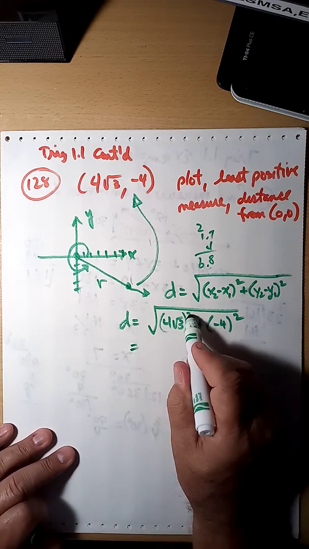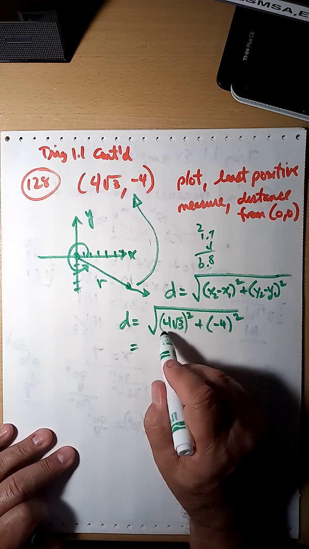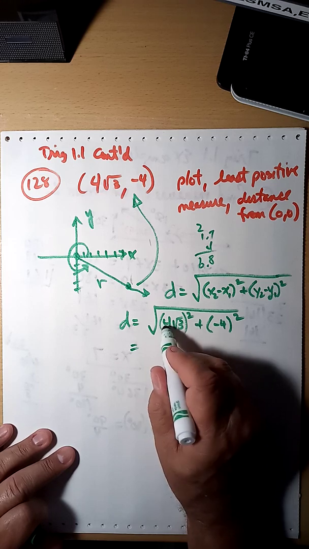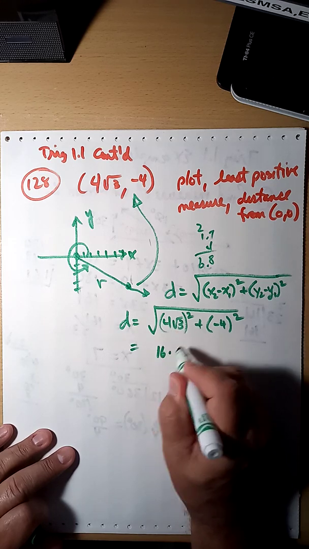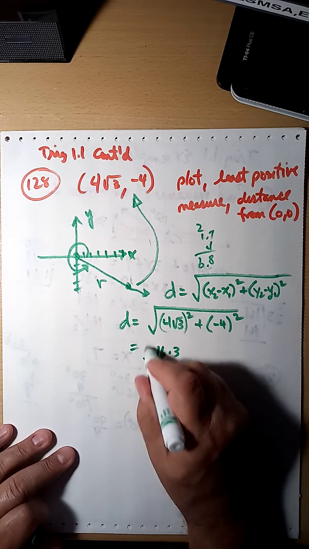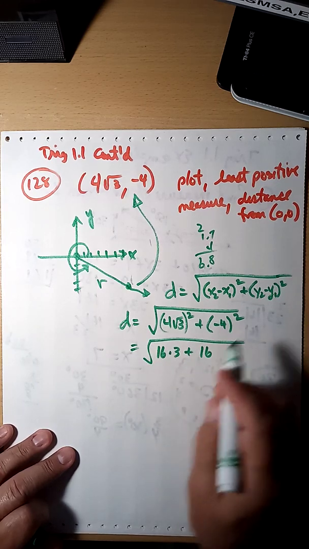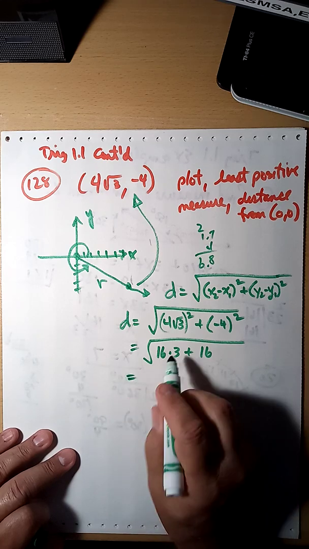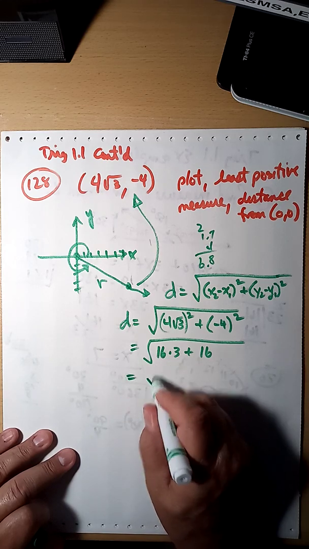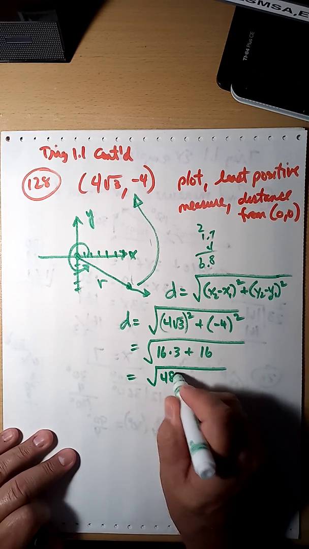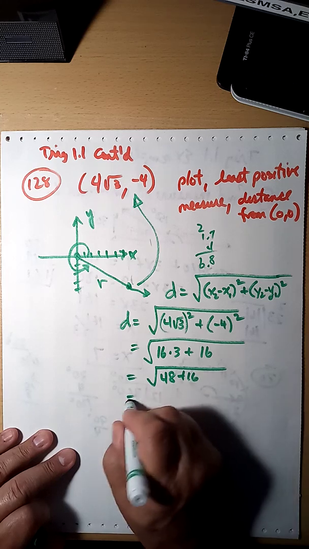which is, well, remember when you square something in parentheses, you square both things. So 4 squared is 16, and square root of 3 squared is 3. And a negative times a negative is a positive, 16. So what's 3 times 16? Well, that's 48 plus 16.